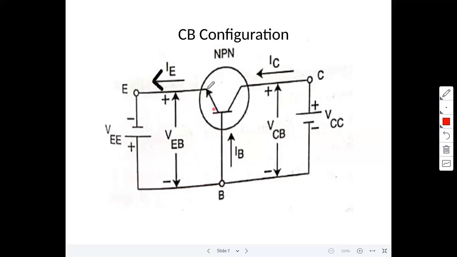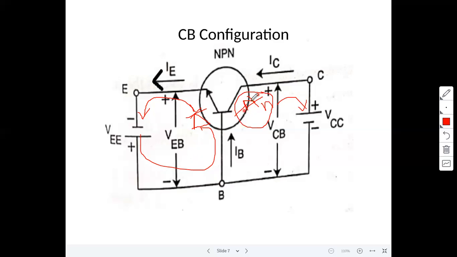This is the NPN transistor. This one is the base terminal, and this one is the collector terminal. So the base terminal is connected here, and now this junction is in forward bias. Similarly, what about this one? This is internally connected to VCC positive, so that is why this one is in reverse bias.